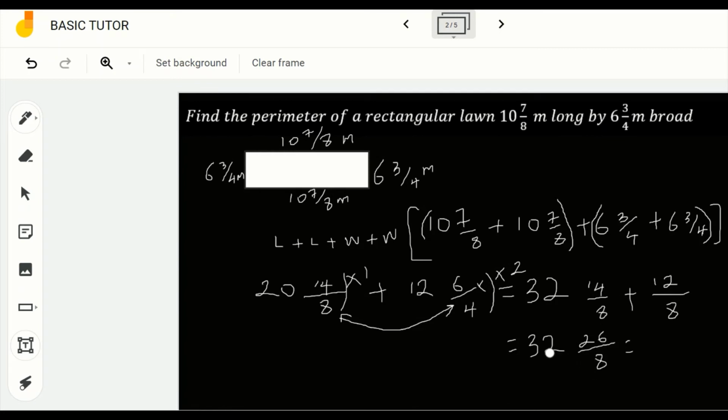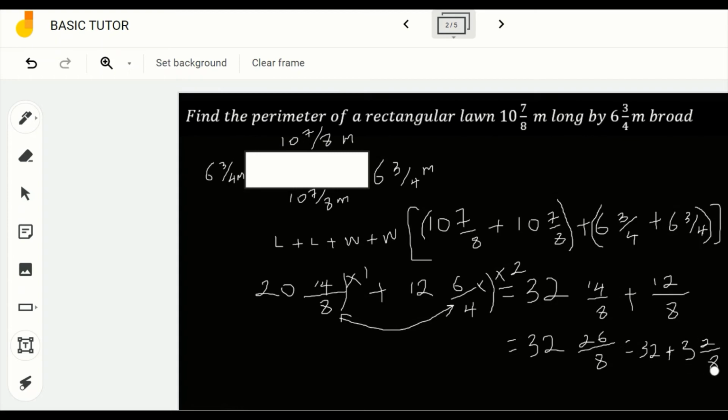So we now have 32 plus. Now 8 into 26 gives us 3, remainder 2, which is 2 over 8.